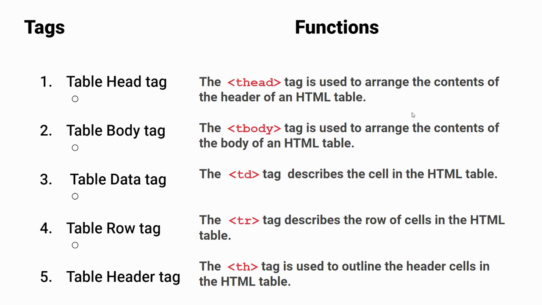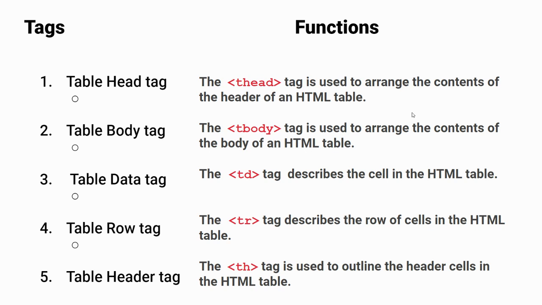The THEAD tag is used to arrange the contents of the header of an HTML table. So I think this is self-explanatory. Each column of each table has a specific meaning of what that column is.